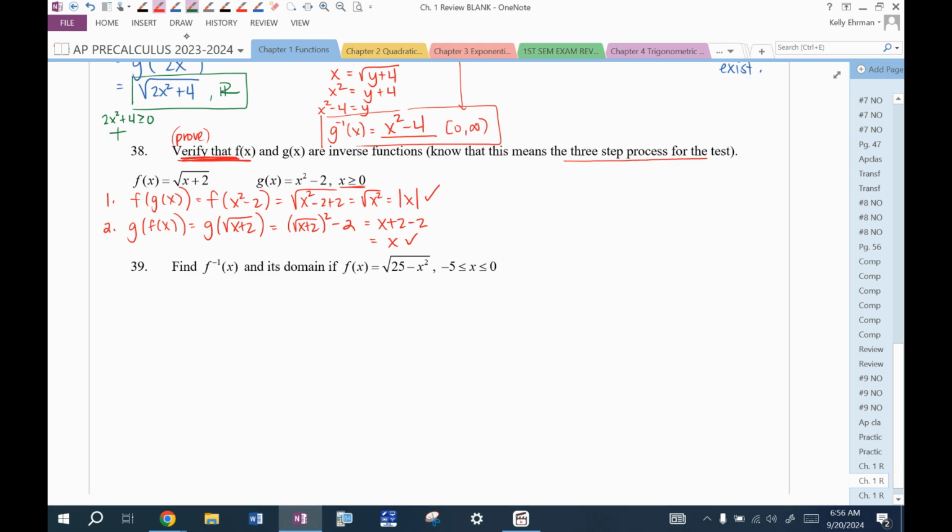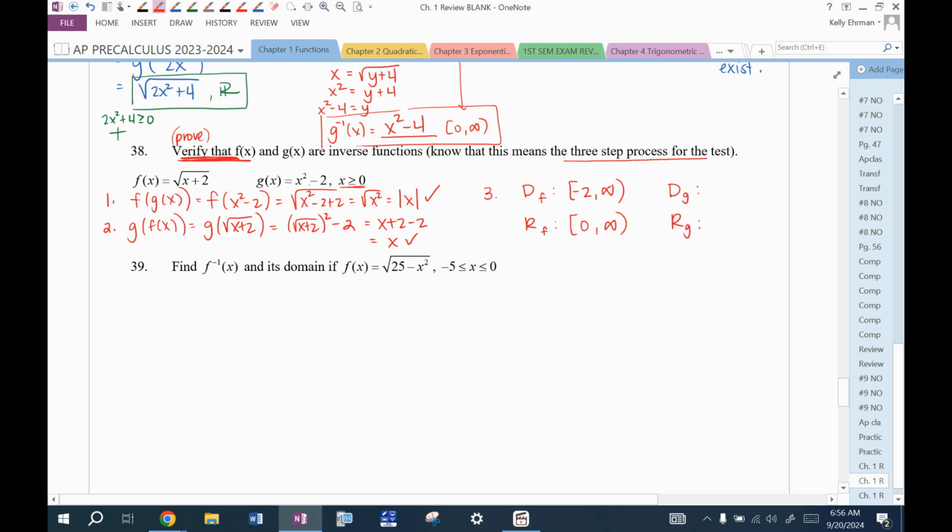So step 3 is checking domains and ranges. Remember, the diagonals should match up if you set it up like this. So what's the domain of f and the range of f? So f's domain is -2 to infinity. It's a square root function, so 0 to infinity is its range. And what's the domain of g and the range of g?